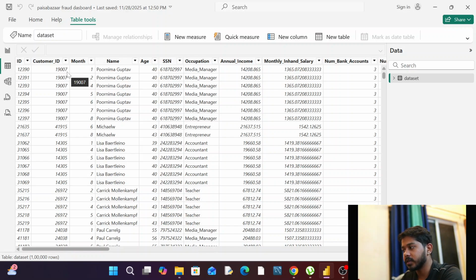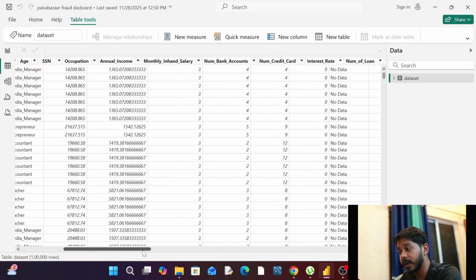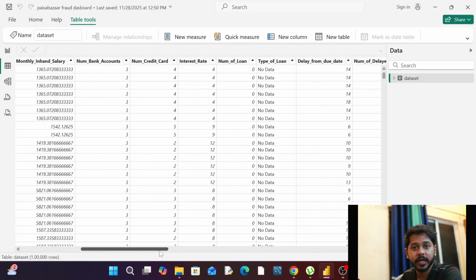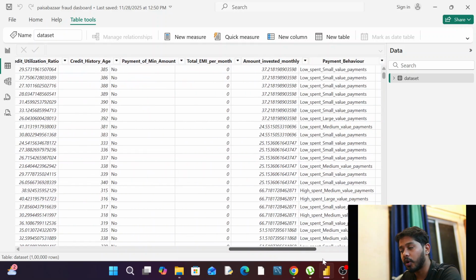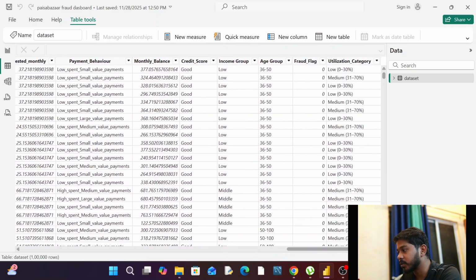You can open the Power Query editor from here also, because Power BI has a Power Query editor. In that, we cleaned the full data set to check if there are any null values, or if the data types are correct, or if we wanted to add some new columns. Like we have added some new columns.